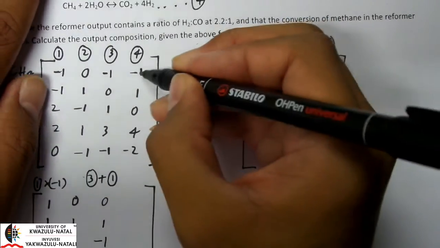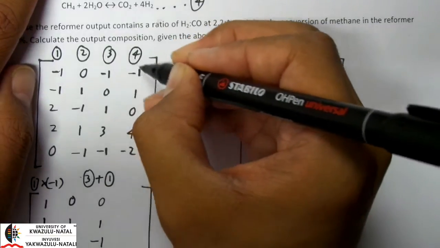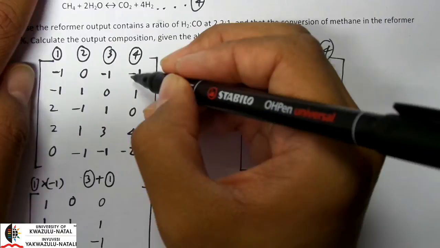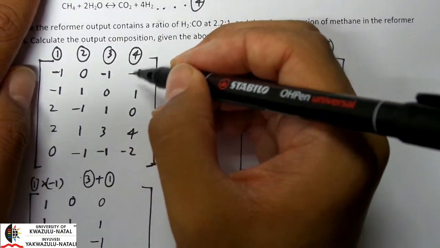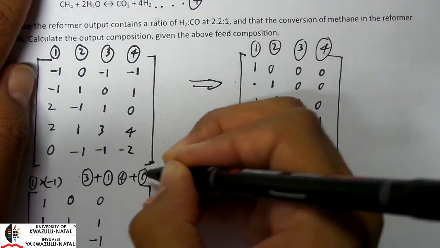So even though I have a -1 here and a +1 here, I need to deal with this -1 first. Let's try and make this into a 0. I can do the same thing. I can simply add column 4 to column 1.